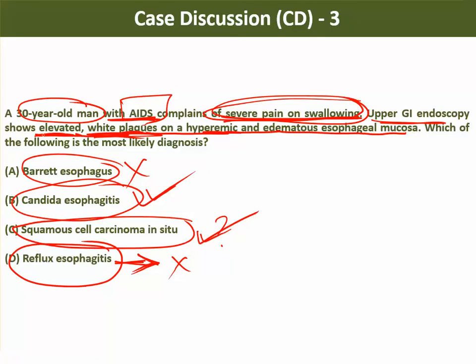So now, elevated white plaques: in squamous cell carcinoma it will be an ulceroproliferative lesion. It will not be just elevated plaques. There will be an ulcer as well as growth. So this is not the diagnosis.